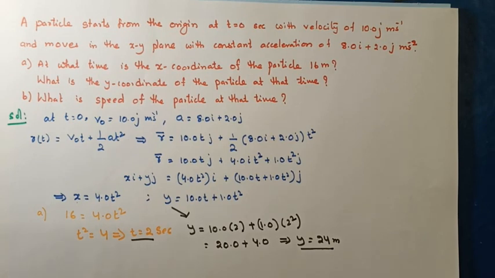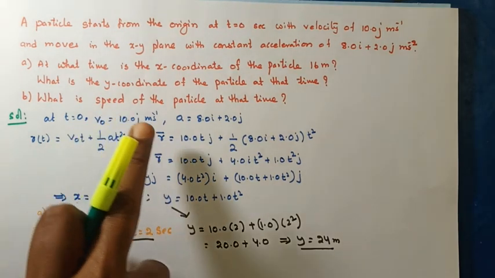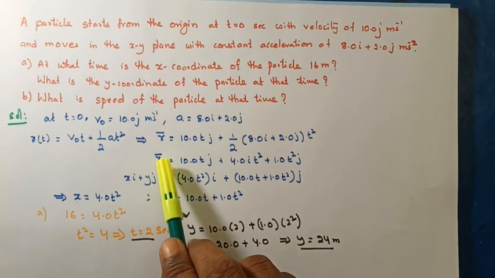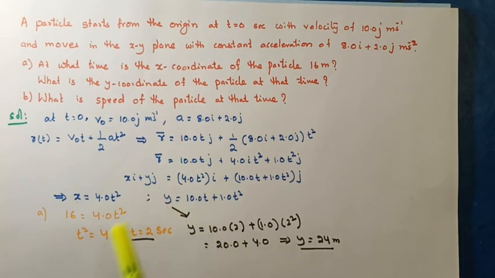Now problem B: what is the speed of the particle at that time? We have only obtained the position vector. How do we calculate the speed or velocity vector?